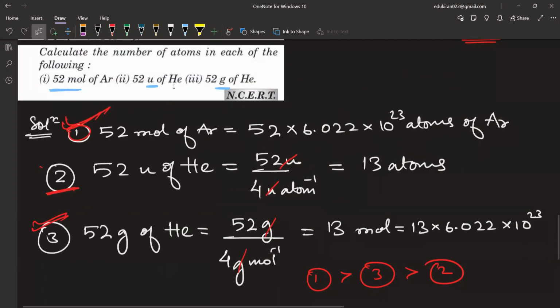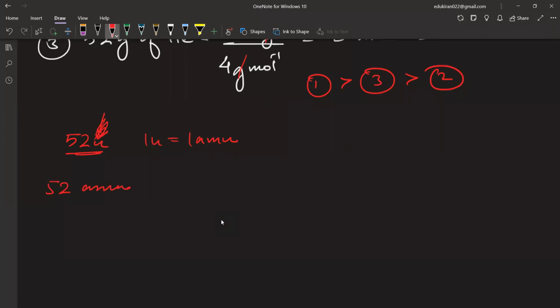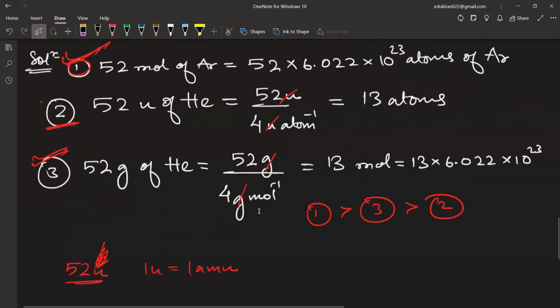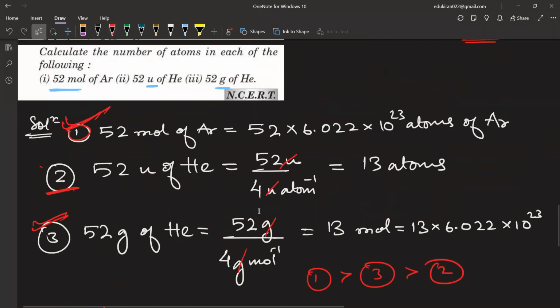Okay, 52 U of helium. What is the meaning of U? This U is equivalent to 1 AMU. You know what is 1 AMU, right? So this is now 52 atomic mass unit. I want to know how many atoms of helium are present in 52 AMU.